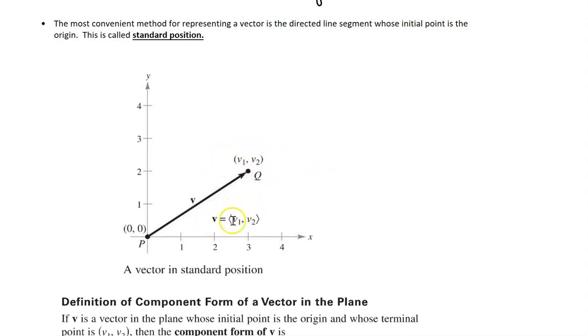A vector is written with these angle brackets instead of parentheses. So a vector in standard position is written with those angle brackets, and it would be <v1, v2>, where those are the coordinates of Q. So this represents the point, whereas this represents the line segment v.